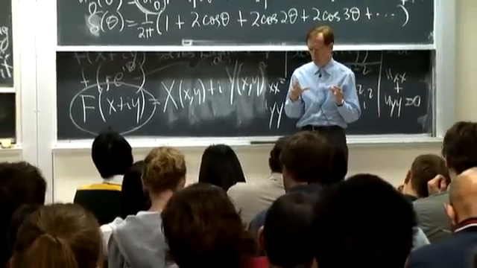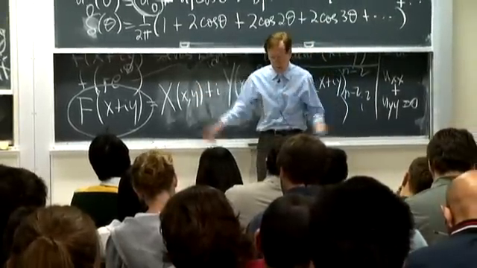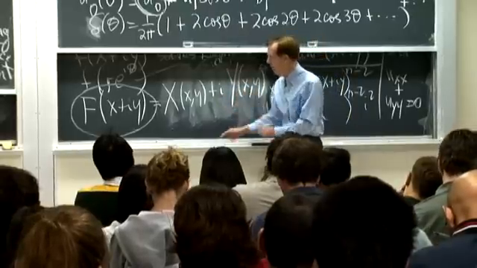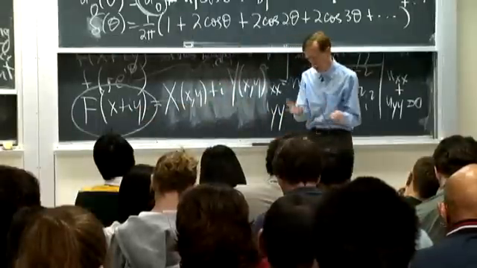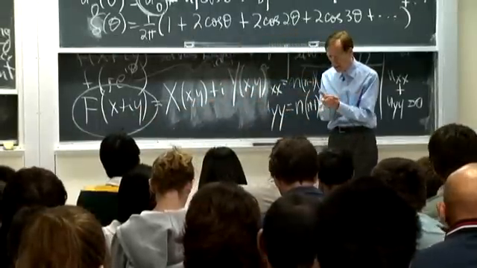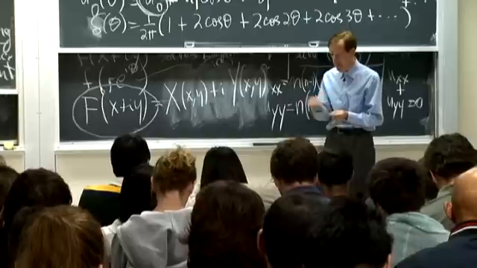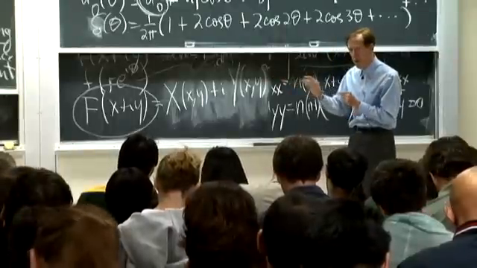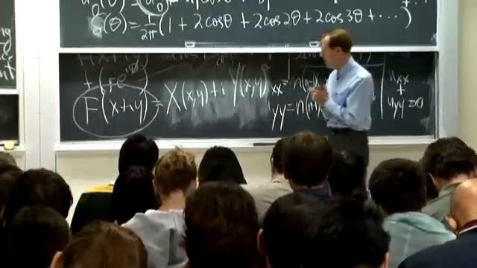So you're mapping the region, ellipse, whatever it looks like, by changing from little x, little y, where it was an ellipse, to capital X, capital Y, where it's a circle. And the point is, Laplace's equation stays Laplace's equation. That change of variables does not mess up Laplace's equation.